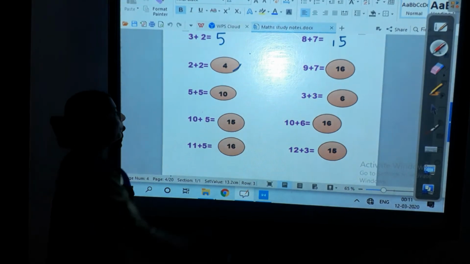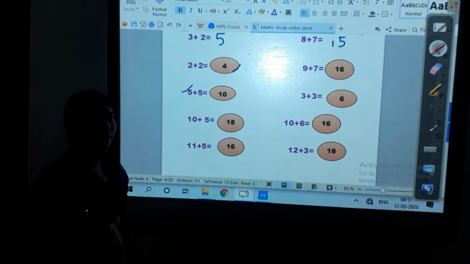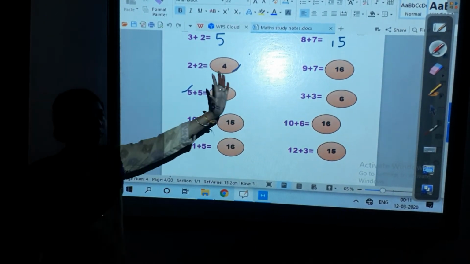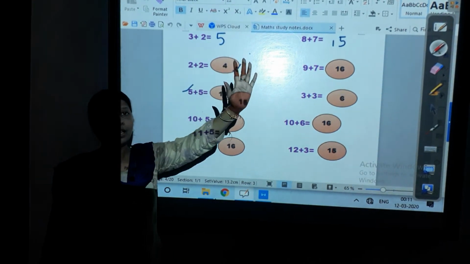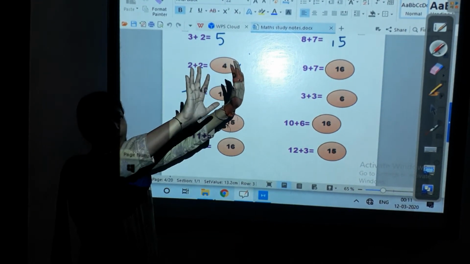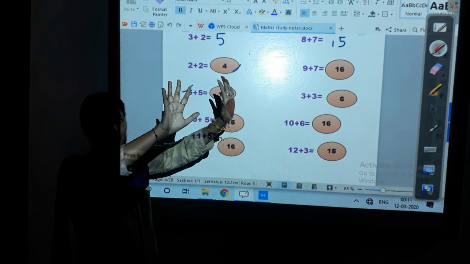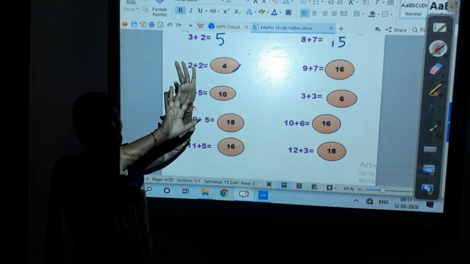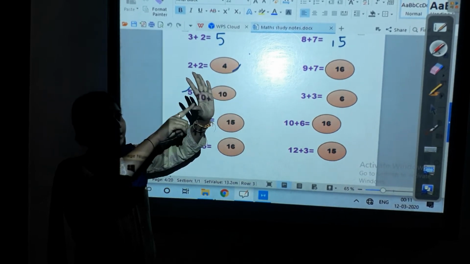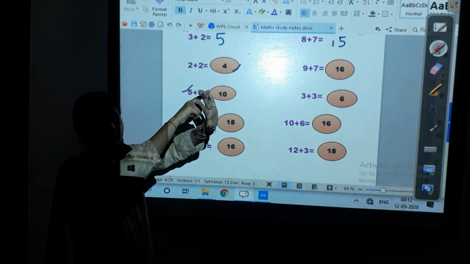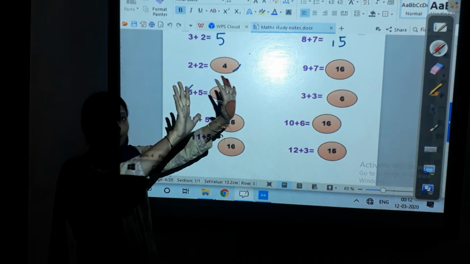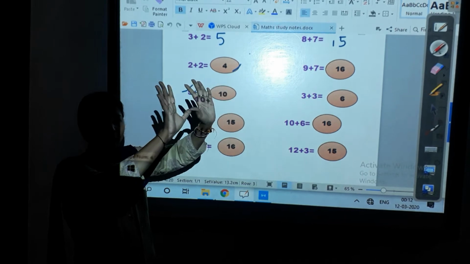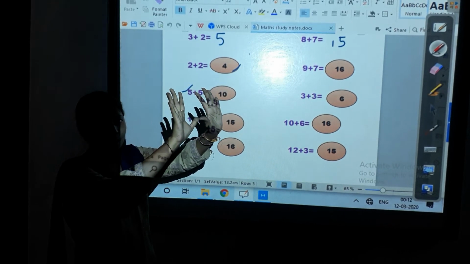Very easy. Next, 5 plus 5. 5. Then another 5. So if we count it together, 1, 2, 3, 4, 5, 6, 7, 8, 9 and 10. So 5, then another 5, if we add it together, it will come as 10.